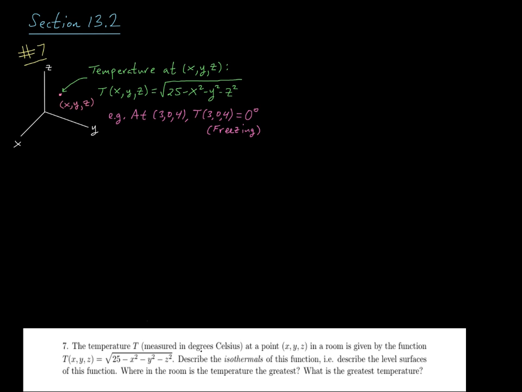Okay, cool. So now what are we going to do? We're going to describe the isothermals of this function. And like what we saw in question 6, this is just a collection of points at a fixed temperature, right? Now here, since we're talking spatial stuff, we're going to ask, well, what are all the points in our room that are at a particular temperature?